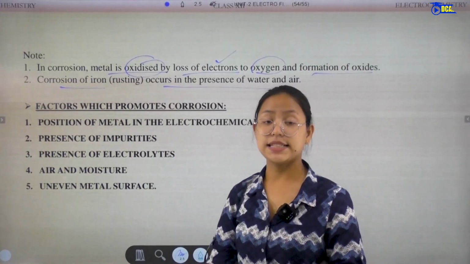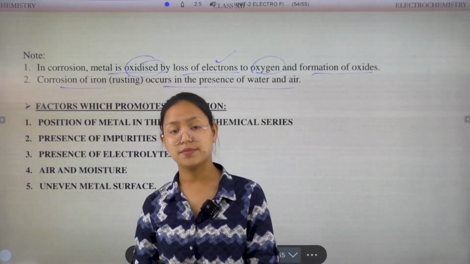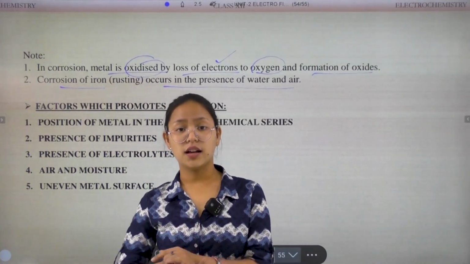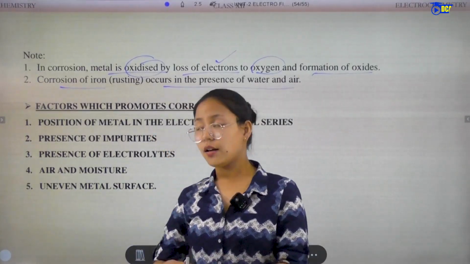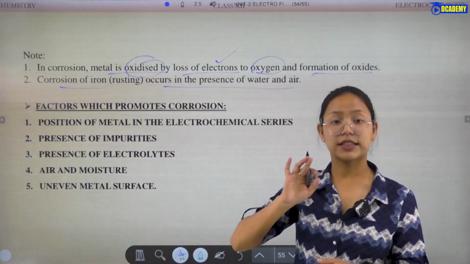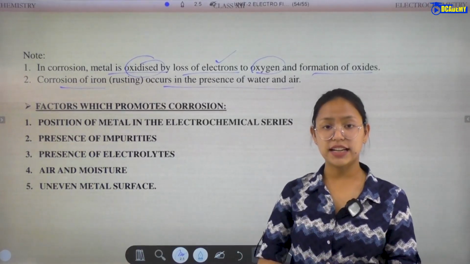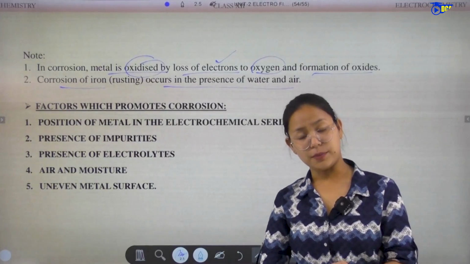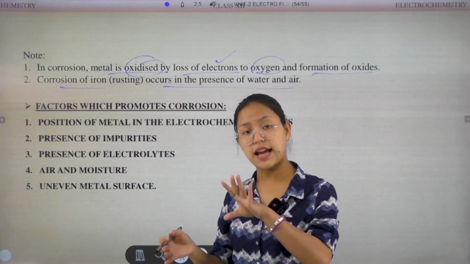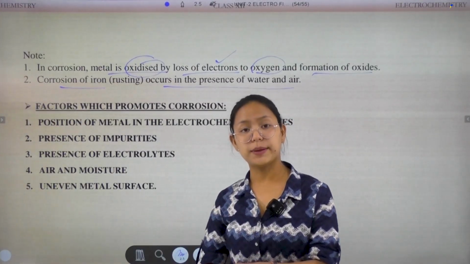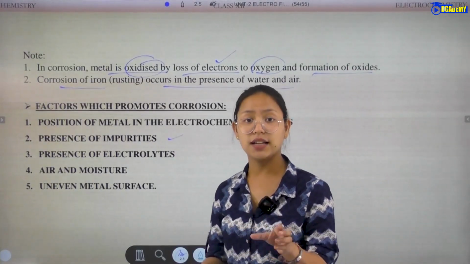Like the reactivity series that you might have observed, the more highly reactive a metal is, the more highly corrosive it is, unlike moderately reactive metals. Then next, presence of impurities.